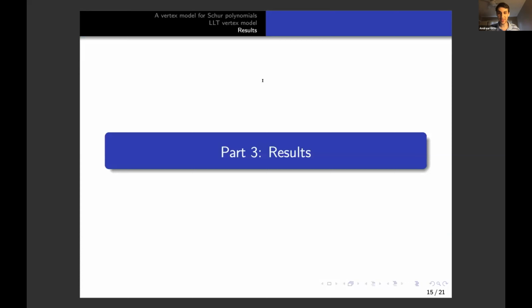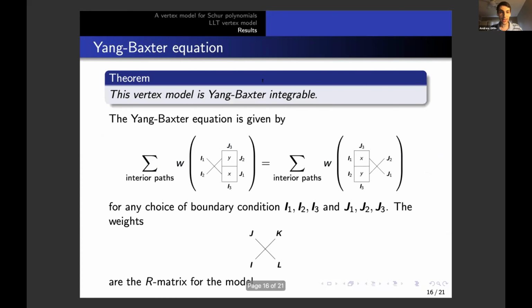Okay, so now that we have this vertex model, let's prove some things with it. The first thing is that this vertex model ends up being Yang-Baxter integrable. So it satisfies the Yang-Baxter equation, which you can think of as a sort of commutation relation in the presence of this special R matrix, which I denote with a new type of vertex, which is a sort of cross.